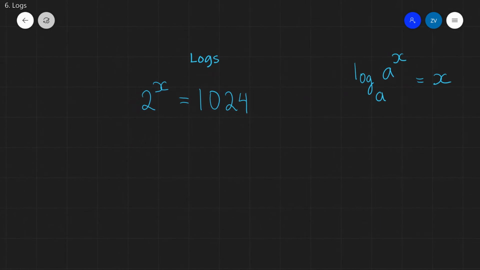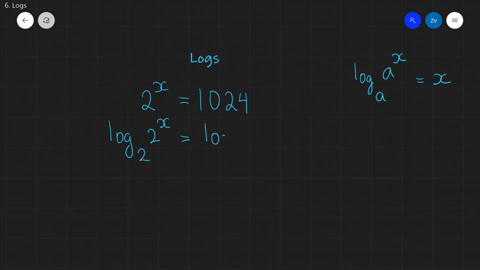For instance, let's have a look at this problem. 2 raised to the power of x is equal to 1024. Well, remember, log base a of a to the x is actually going to give me x. So what I'm going to say is that log base 2 of 2 to the x, well, if we've done this to the left hand side, we need to do this to the right hand side as well.